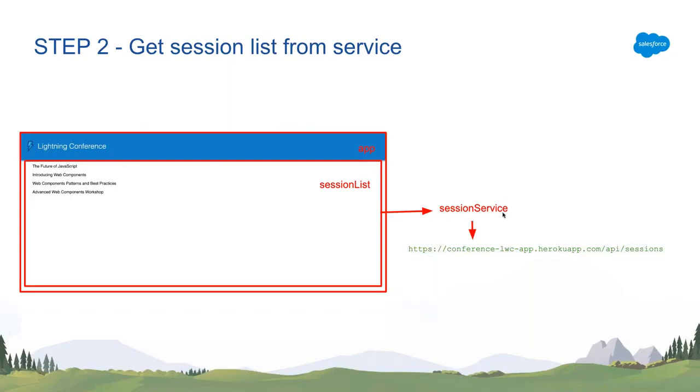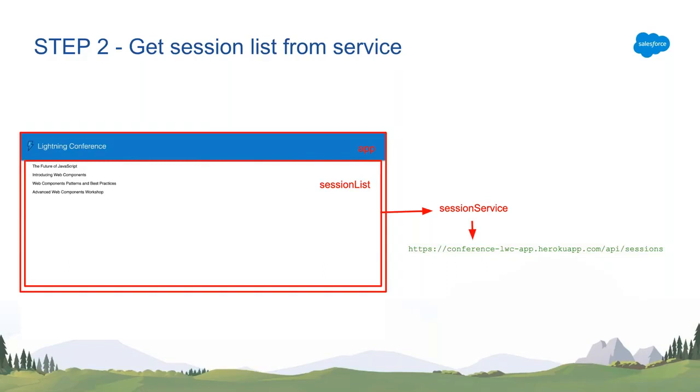We're going to call it session service, and that one is going to be in charge of calling out to the endpoint. And second, we're going to create another component called session list. From this session list, we will import the functions that we define in the session service component, which is basically a JavaScript module, and we will execute that function to get the list of sessions.